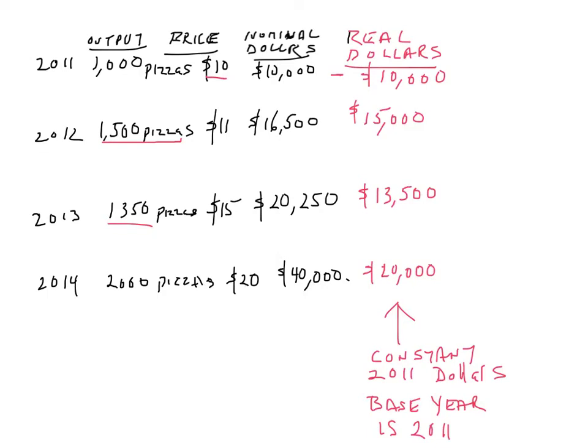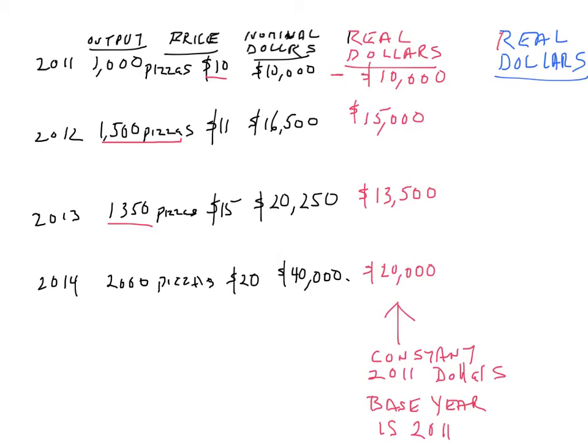So let's do over here, I'll do this in blue, real dollars, but we'll use 2012 prices. So 2012 prices is $11 for a pizza.